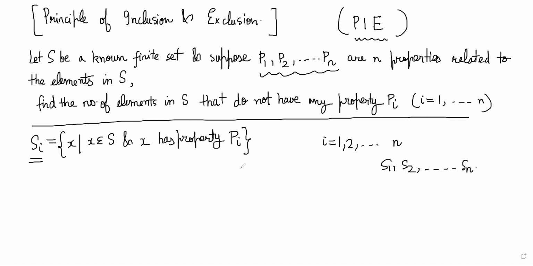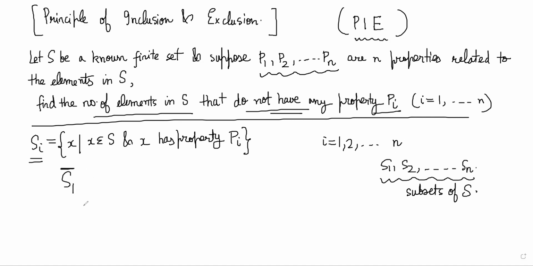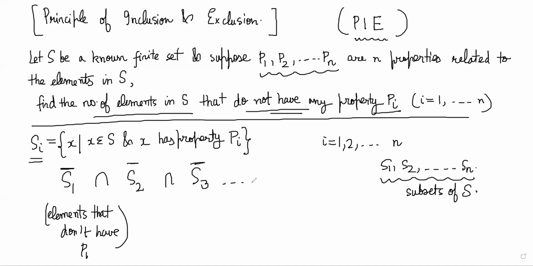These are all different subsets of our set S. If we want to find the number of elements in S that do not have any property Pi, we want to take the intersection of S1 complement, which are elements that don't have property P1, and similarly, the intersection of that with S2 complement, S3 complement, and so on till Sn complement, right?